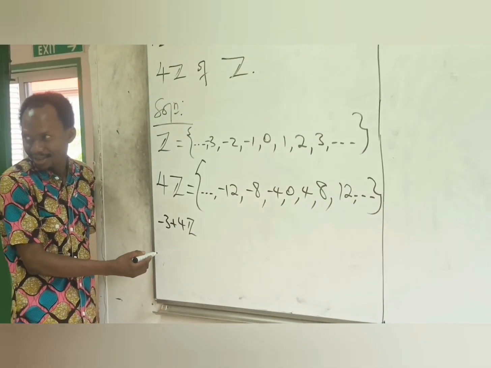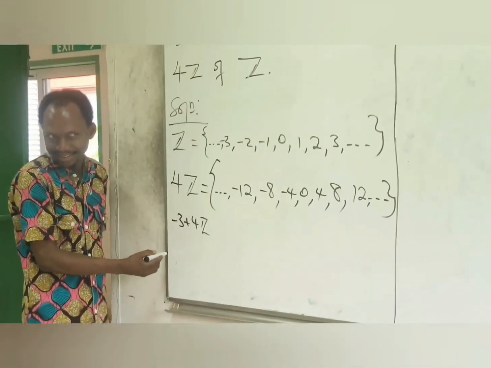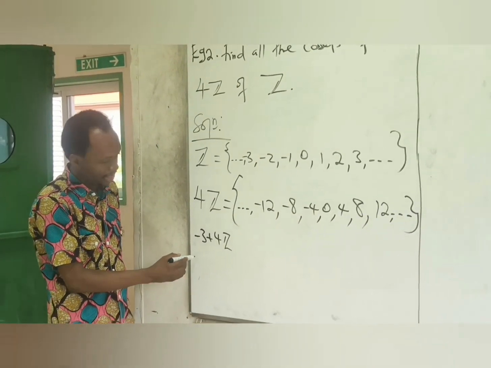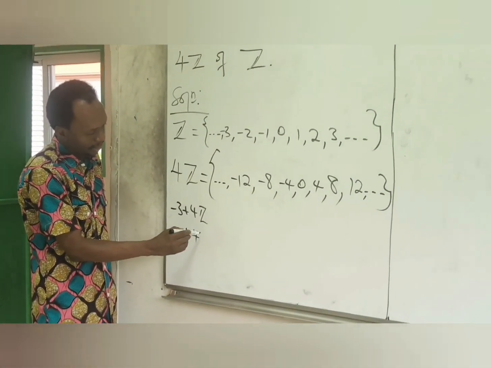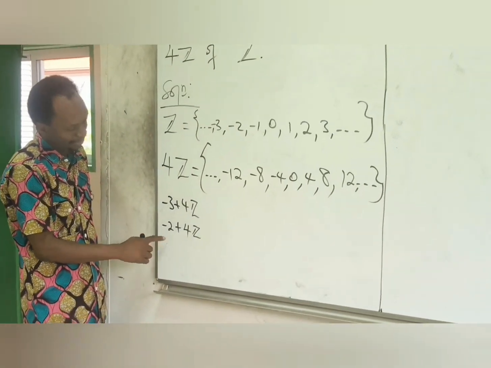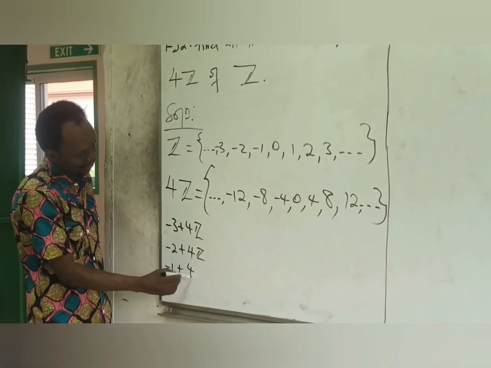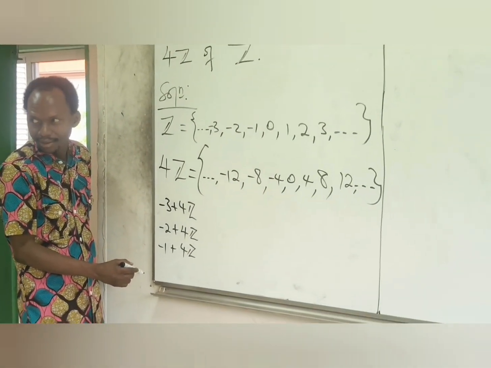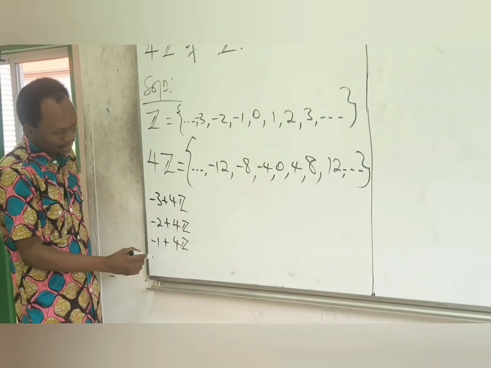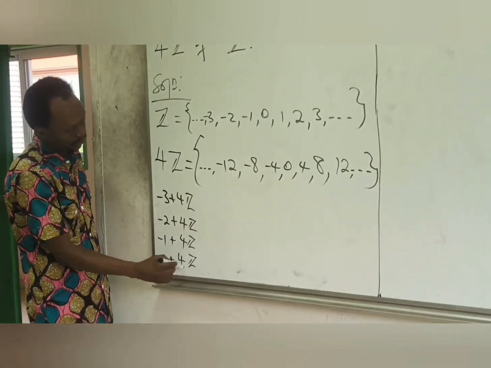Negative 2 plus 4Z, and negative 1 plus 4Z, and then 0 plus 4Z. So you see, you are coming to 0 plus 4Z.